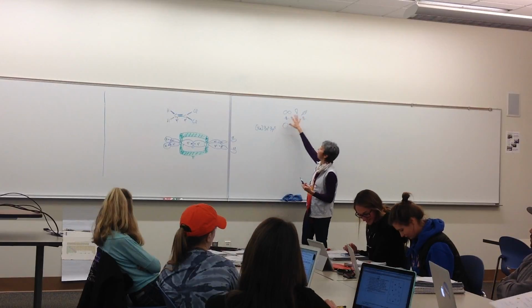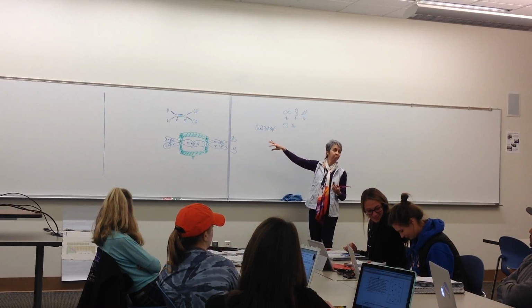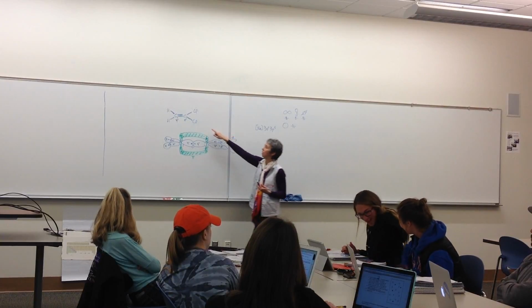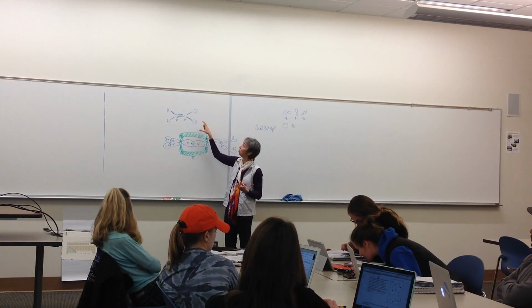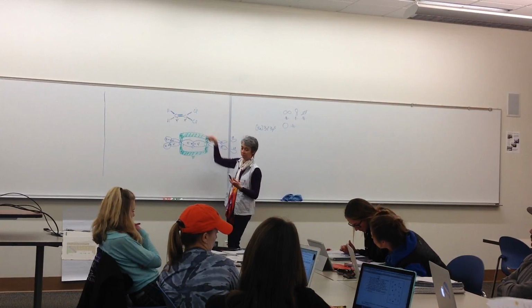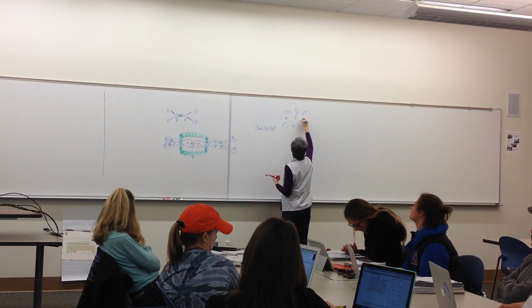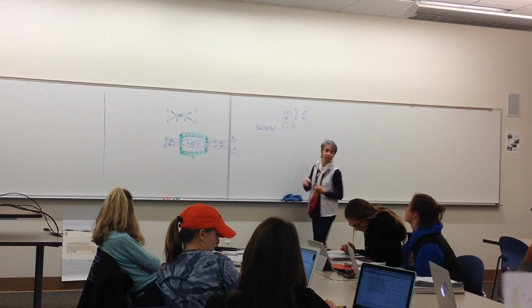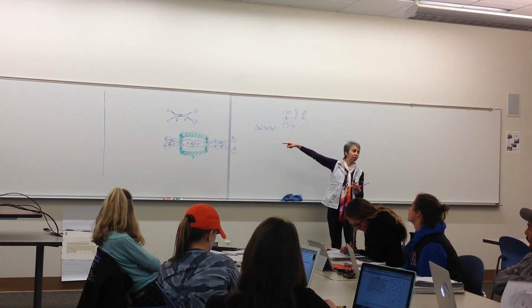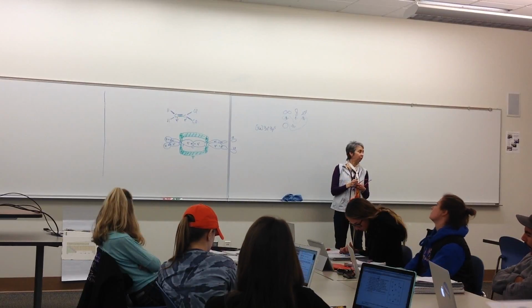The rest of them are still there, we're just not drawing them. Does that help? So the way that valence bond theory would describe this molecule is it would say these 6 electrons are right there. And then this orbital is going to come in and form the bond with the hybrid orbital of carbon.